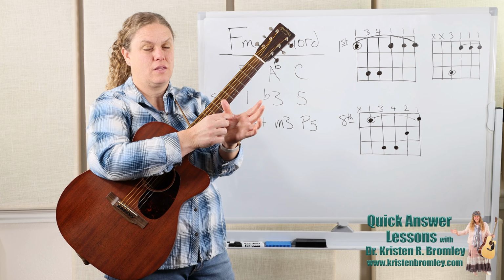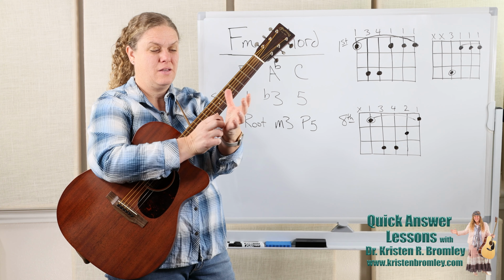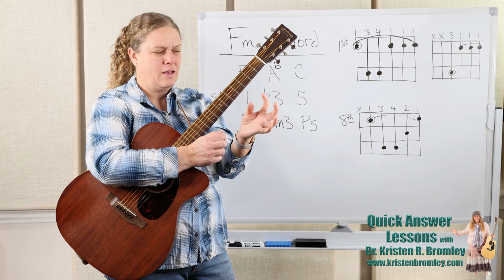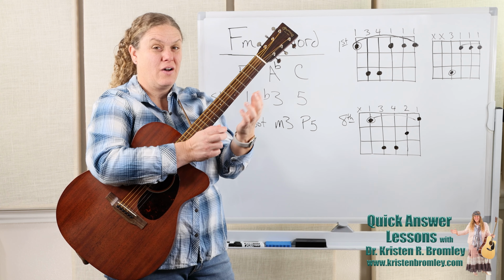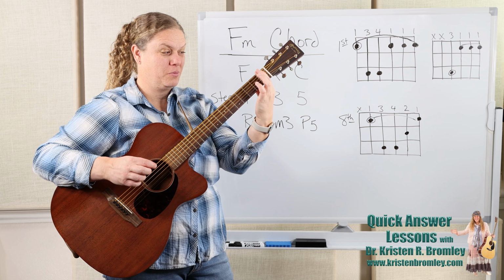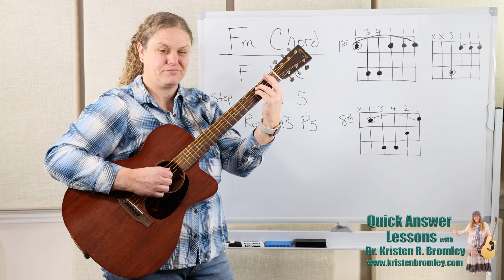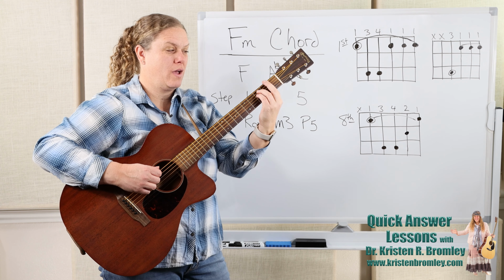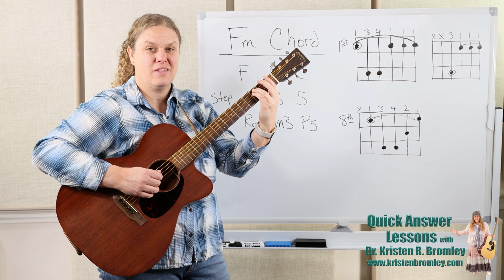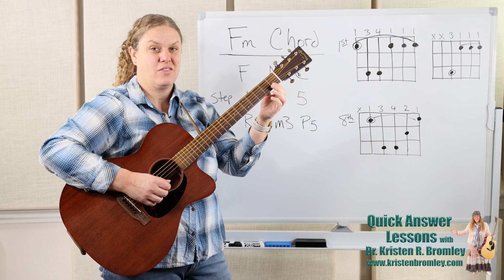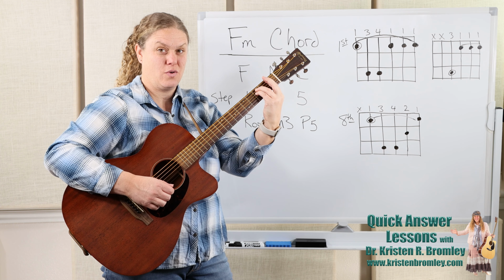There's a little more strength when we get to use this part of the hand, and the thumb is around behind the second fret. I use my middle finger to help push down a little, because we don't need it in playing the chord. Voicing wise, we have the root, the fifth, the root, the minor third, the fifth, and the root.